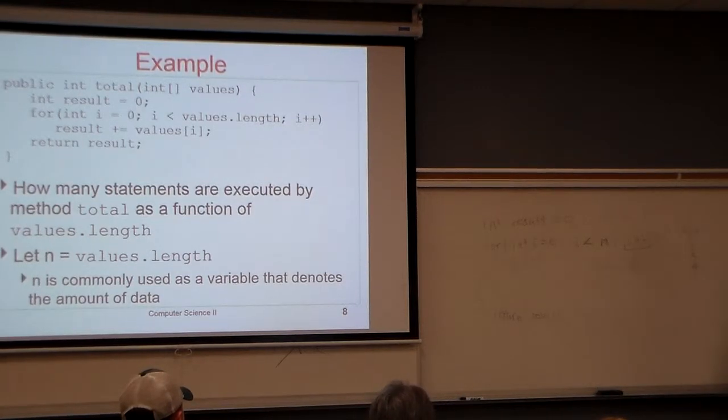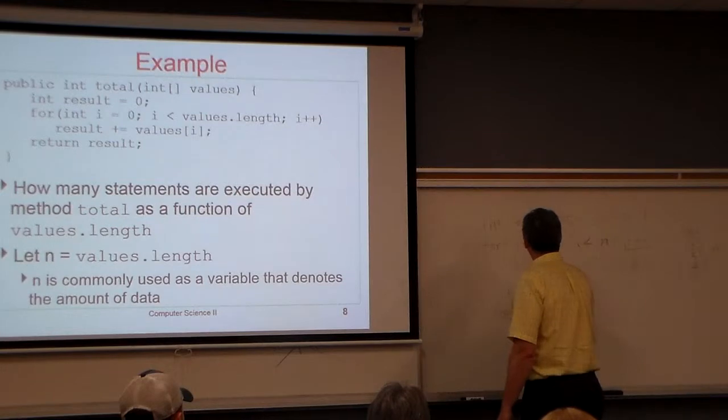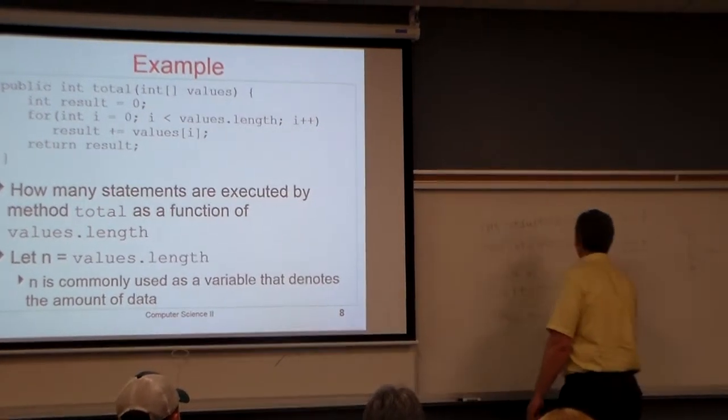Because this is the initialization, and then every time through the loop we're going to add 1. The last time through the loop we add 1 but we don't actually execute the loop, but that doesn't matter. This is going to be n. So our i++ is going to be executed n times. How about this one right here?